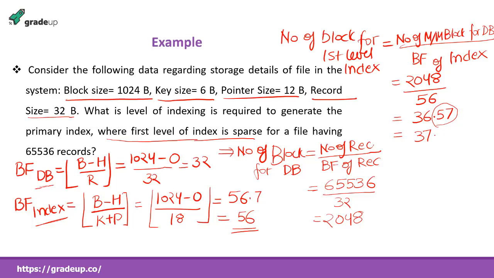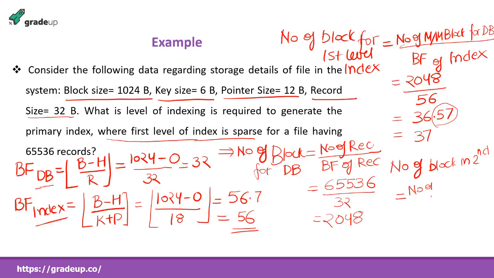And according to the concept of multi-level indexing, what we have studied, we will apply indexing on our index file till the time we get one block in our index file. So again I will apply indexing on this particular level. Number of blocks in second level of index, what we are going to have?